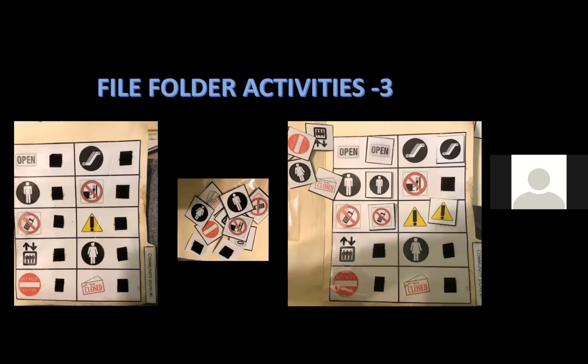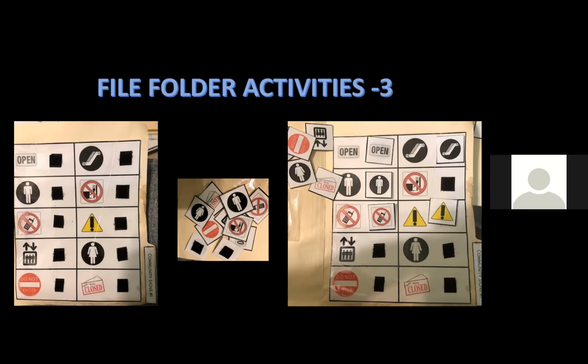Here's another one of the life skills file folders, and this is a community sign match. It's just a matching activity, same thing, where the smaller pieces are laminated and stored in a small plastic baggie within the file folder activity. This is matching one community sign with the right piece, as you see over on the right.